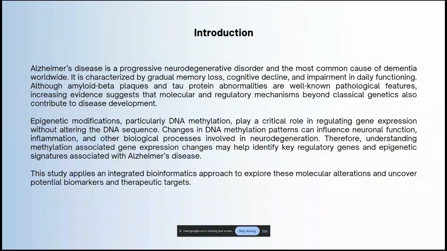Well, in this study, the author specifically integrated gene expression and DNA methylation data all together to uncover epigenetic signatures associated with Alzheimer's disease. And the primary objective of this study was to identify epigenetic signatures associated with Alzheimer's disease by integrating gene expression and DNA methylation data.